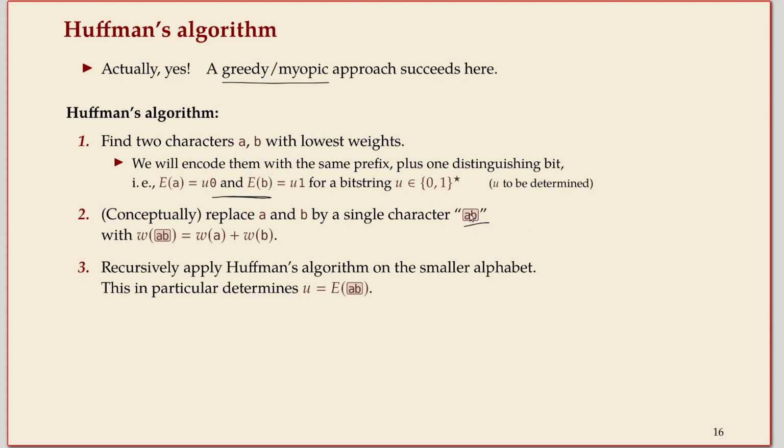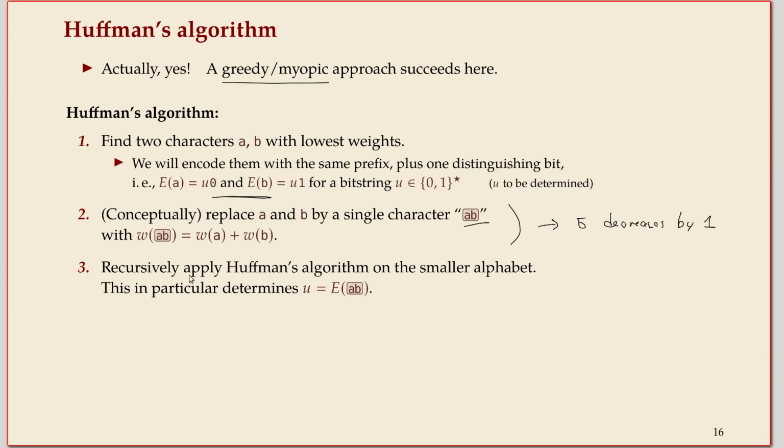This is to mean we now have a character that really represents a pair of characters, but it's treated as a single unit, and its weight is just the sum of the weights of those 2 characters. By doing this, we make the alphabet 1 character smaller, because we remove 2 characters and replace them by a single one.